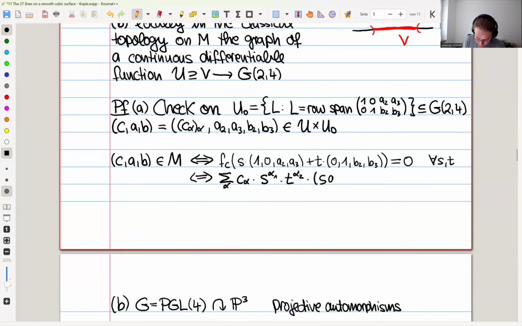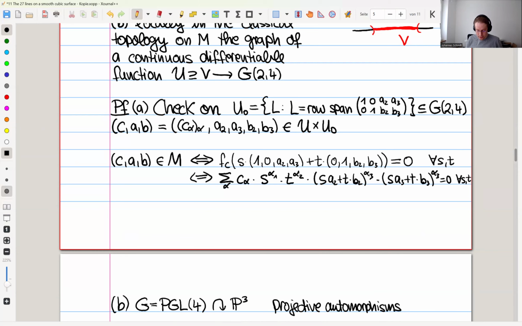And then the remaining terms are s times a2 plus t times b2. And the last component of the vector is s times a3 plus t times b3. And this should be 0 for all s, t.